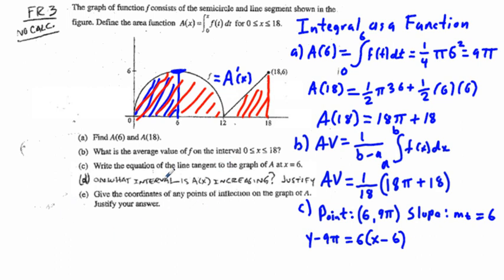Now part D. On what interval is A of x increasing? Justify. Well, A of x, I'll put D down here.